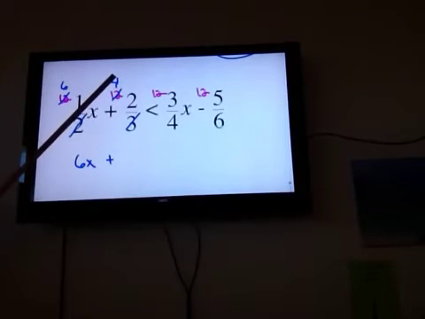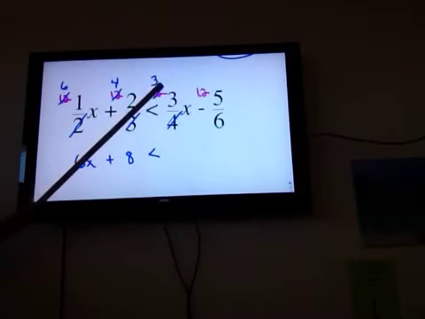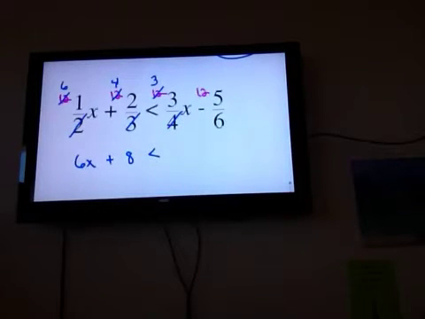And I'm left with my 4 times 2, which is 8, is less than. 4 cancels, divides into 12 3 times, and I'm left with 3 times 3x, which is 9x, minus 6 cancels, goes into 12 2 times, and I have 10.